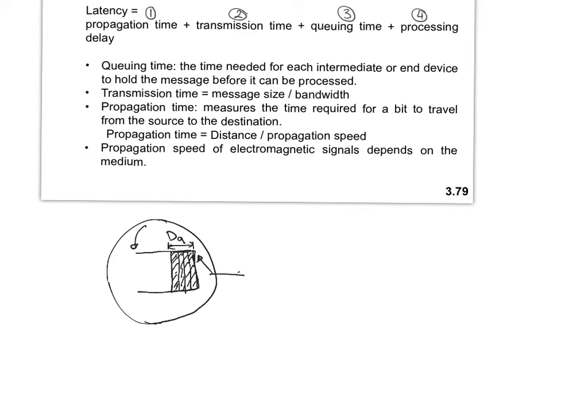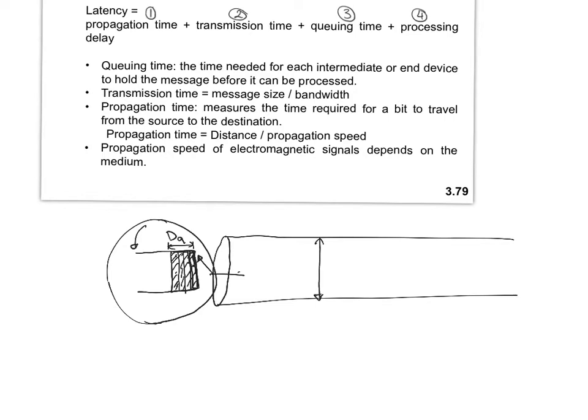Once I get my turn for the service, I need to service that protocol data unit and transmit it over the line. That time depends on the actual width, which is the bandwidth. That time depends on the bandwidth.